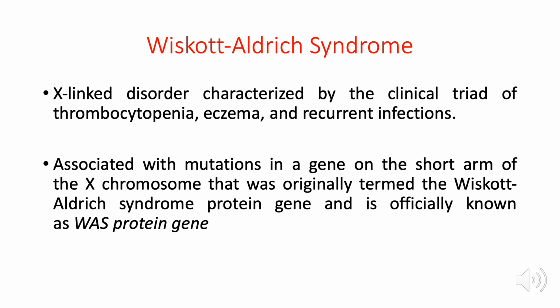We have eczema and recurrent infections, which could mean that there is what? Immunodeficiency or immunocompromised state. Now, the problem in this particular disorder is the mutation in the WAS protein gene. WAS protein gene stands for Wiskott-Aldrich syndrome protein gene. And this gene is particularly found on the short arm of X chromosome.